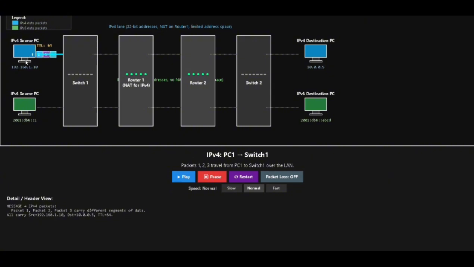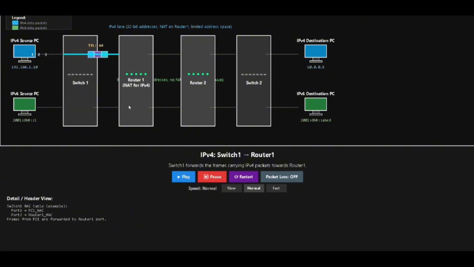IPv4 requires two switches, switch 1 and switch 2, and two routers, router 1 and router 2.